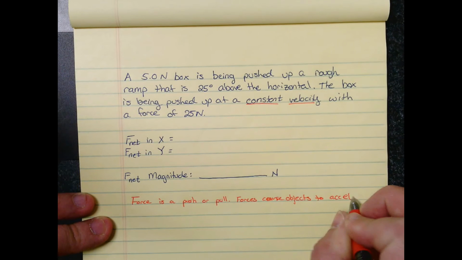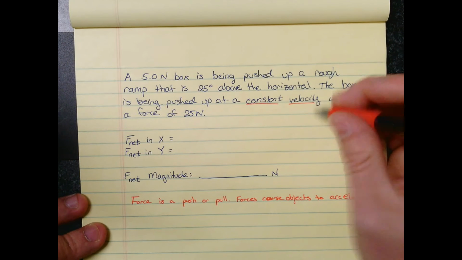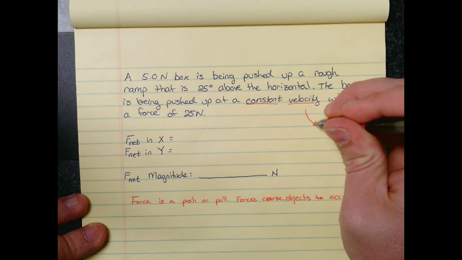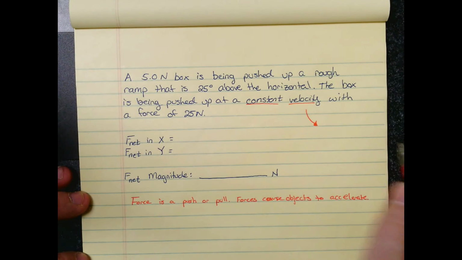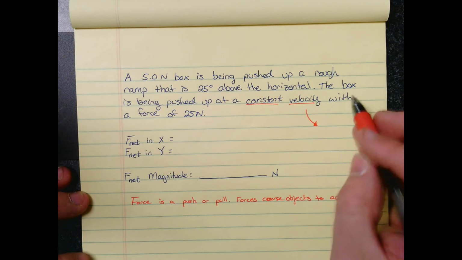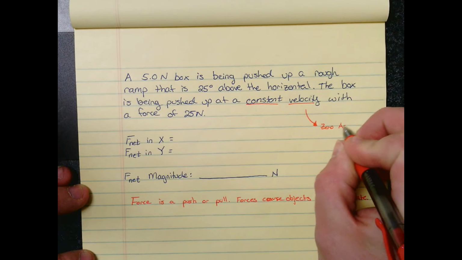All right, now, if you have a constant velocity, that means that after you've looked at all of the forces acting on an object, that object would basically have to have zero acceleration.